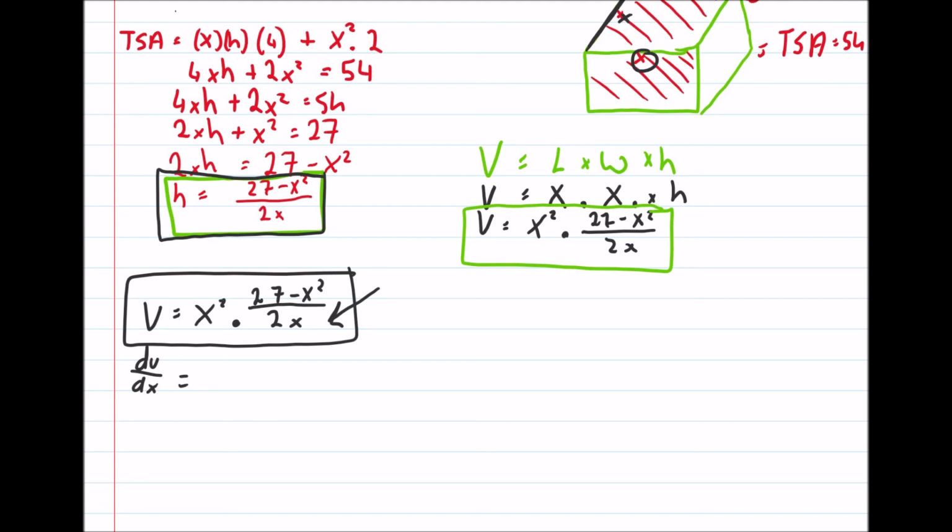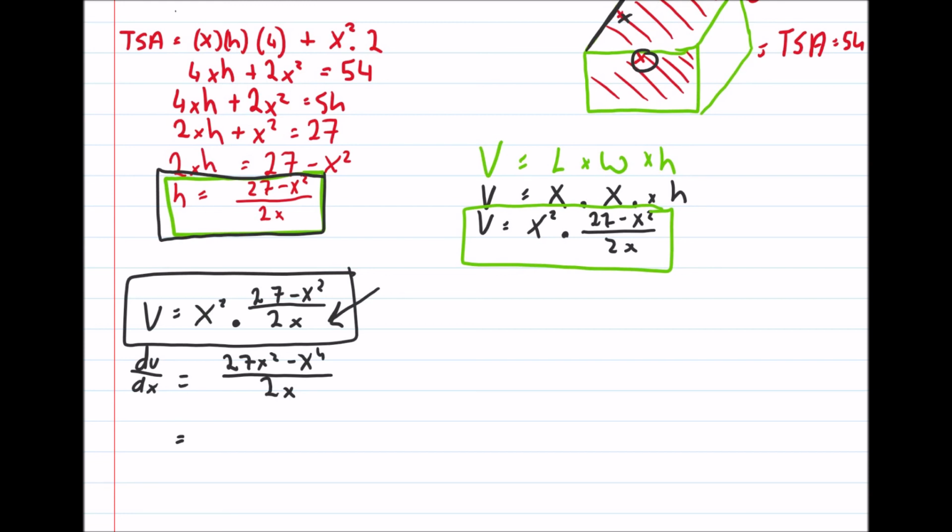I have a 2x in the bottom and I have an x squared, so I can say 27x squared minus x to the power of 4 all over 2x. And I can start cancelling out the x's.